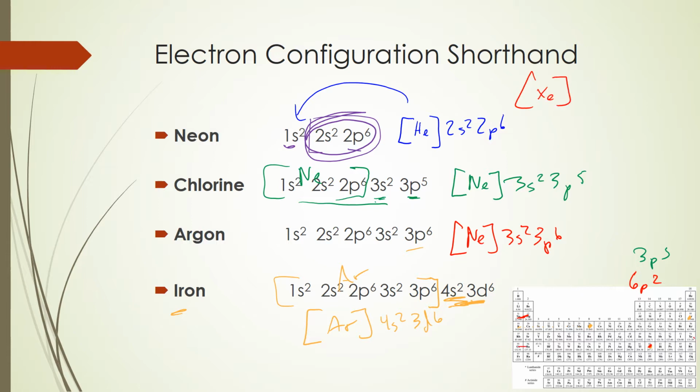So then we go here, that's in row 6, so it's going to be 6s2, then it goes to there, which is the F block, so n minus 2 is 4f14, and then we're back up to the D block, which is n minus 1, so 5d10, and finally we're in the P block, 6p2.